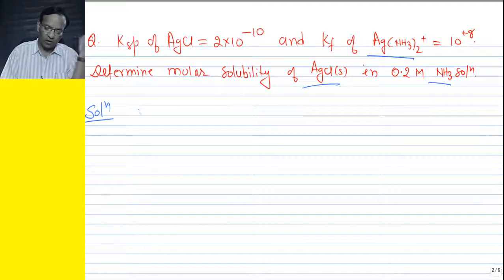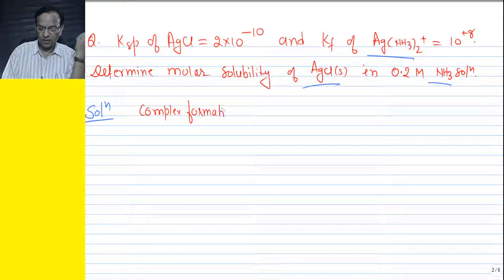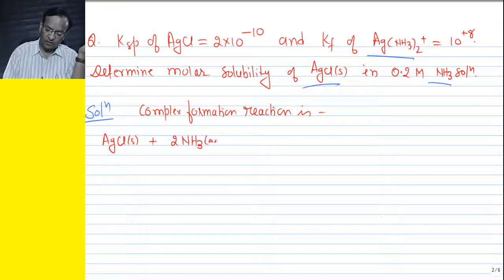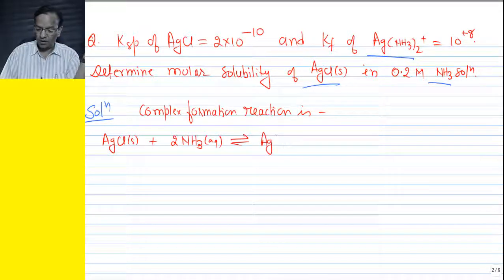So the complex formation reaction is AgCl plus 2NH3 gives Ag(NH3)2 plus plus Cl minus.